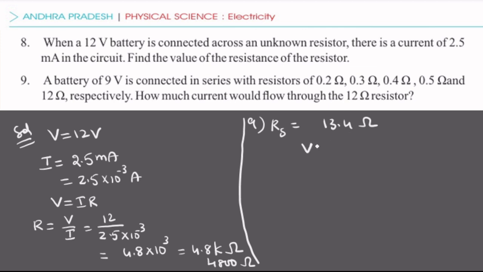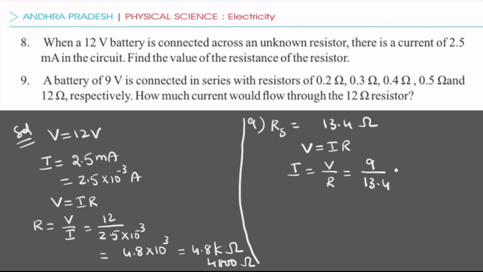Now let us find the current in the circuit. By Ohm's law, V is equal to IR, so current I is equal to V by R, that is voltage by resistance. The voltage here is the 9 volts battery, and the effective resistance is the total resistance of 13.4 ohms.